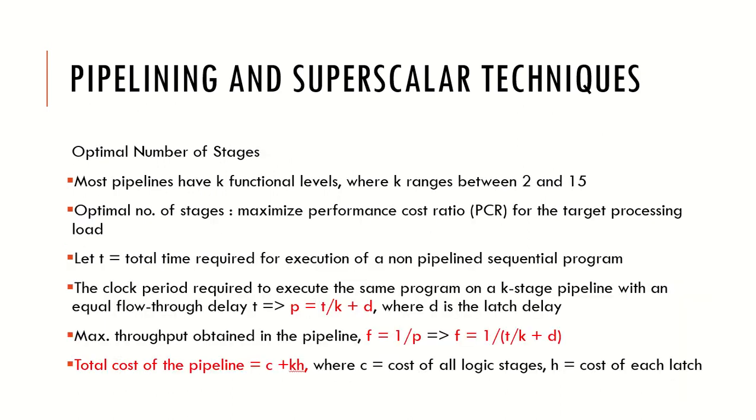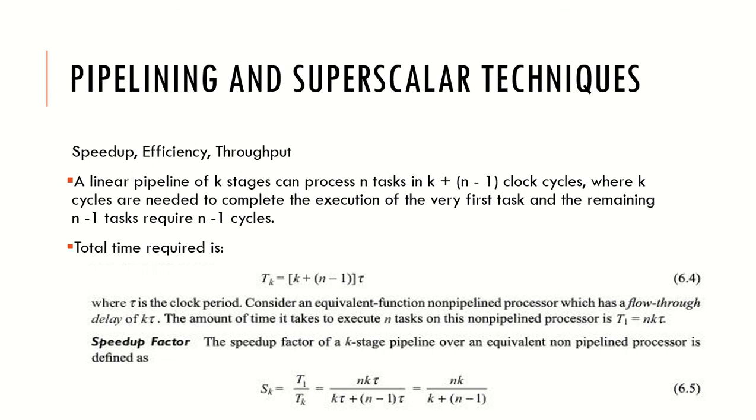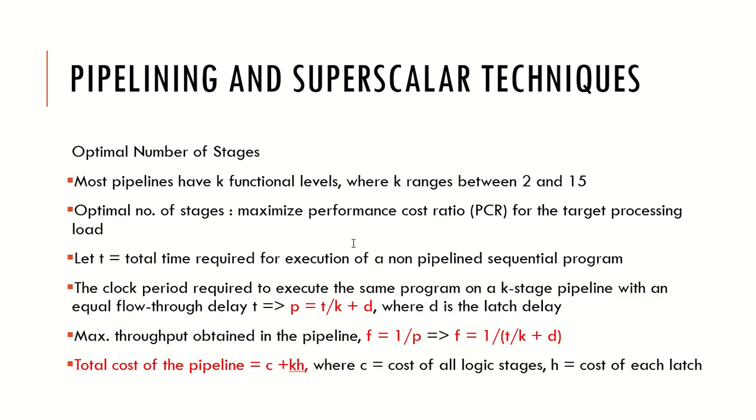Moving on, here we'll talk about the optimal number of stages that you can have in a pipeline. In general pipelines, the number of stages ranges from 2 to 15, which means k has a value between 2 and 15. How can we say the optimal number of stages? When your pipeline has the optimal number of stages, it is able to produce the maximum value for the performance cost ratio.